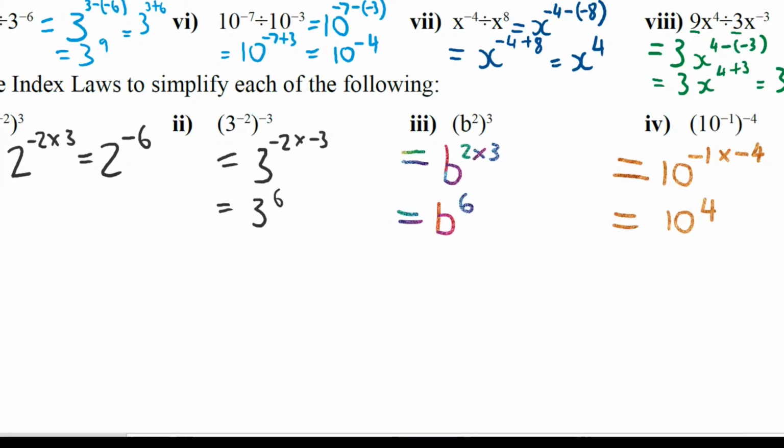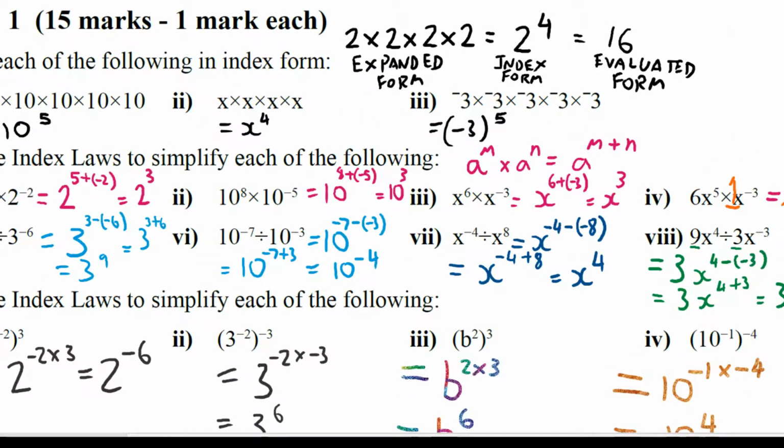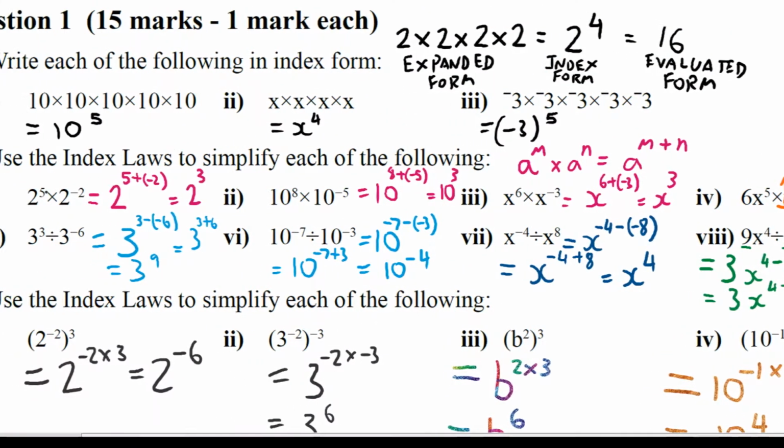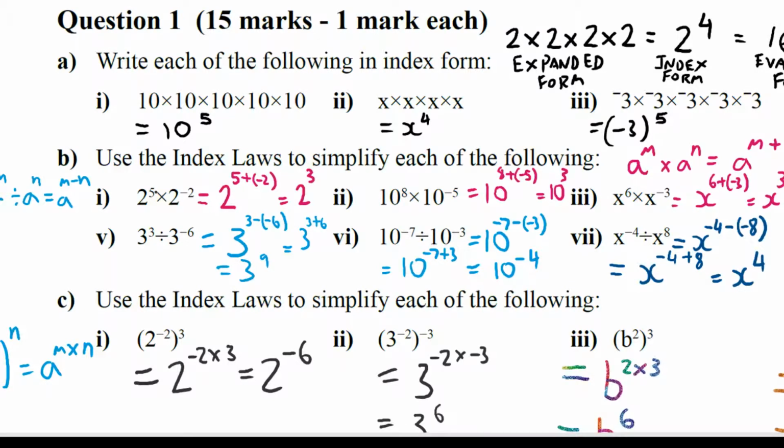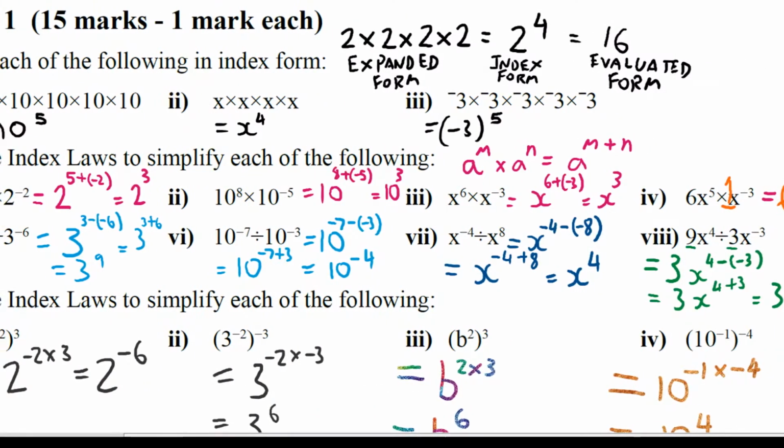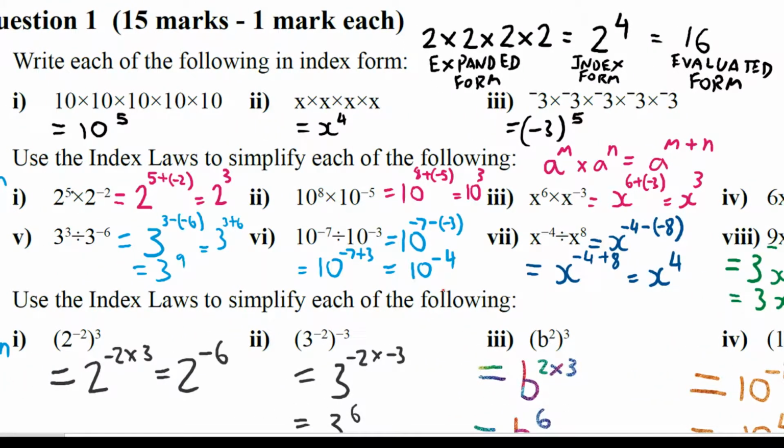Now, a good thing to do is to leave your indices in positive form. So I'm actually going to go back, even though they're all correct, and put these in positive form here. So wherever I've got, let's have a look through. So these first lot, they're all good. And yep. So it's up to here on VI.